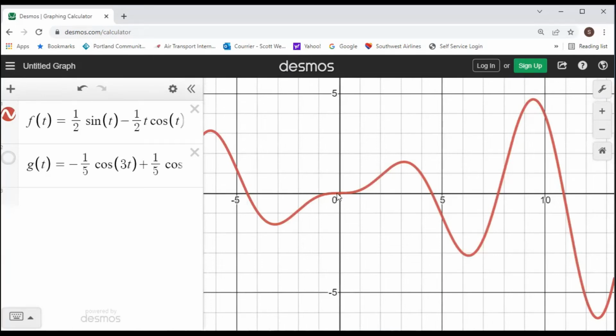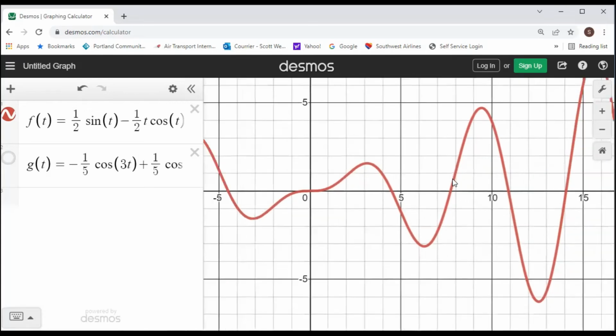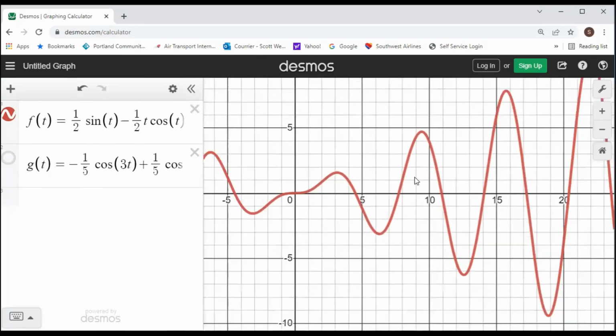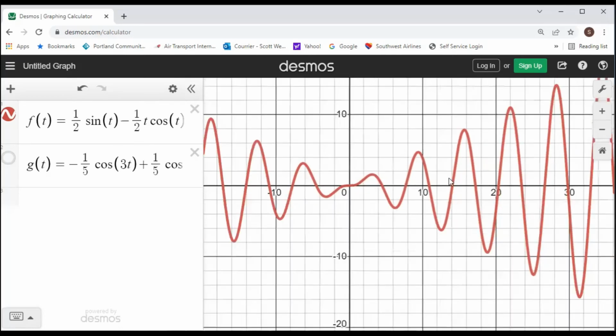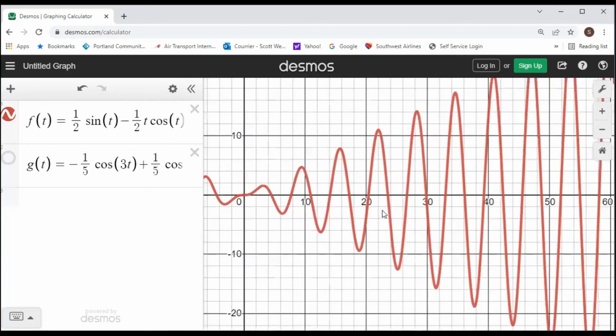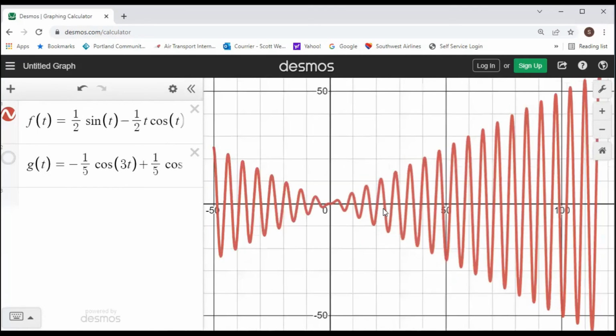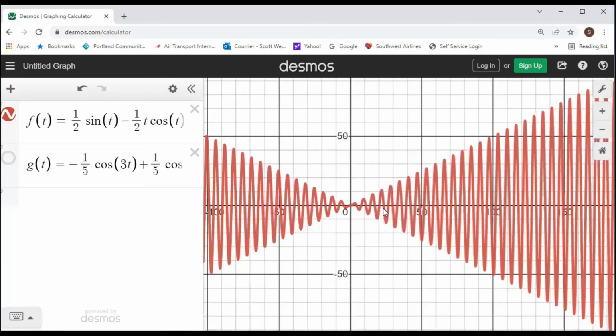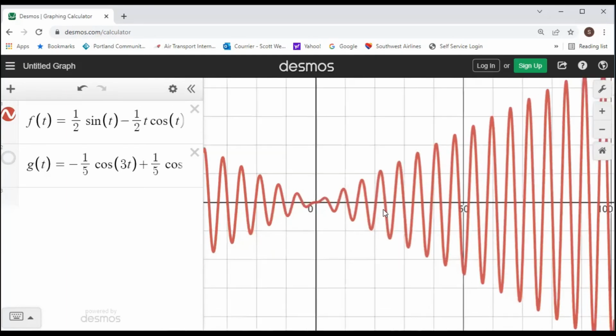Now, after that, that basically represents it being at rest, but it's being forced, and it's being forced in a way that is actually resonant with its natural frequency. So what happens is we start getting more and more and more high amplitude oscillations here, and it just keeps on growing and growing and growing.